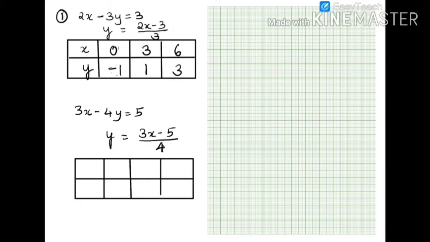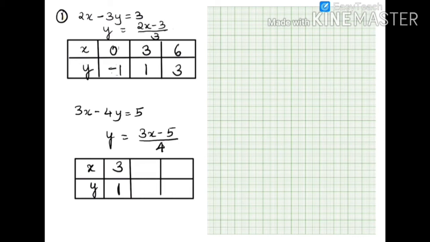Similarly, let's find the points for the second equation. Again, values of x will be chosen in such a way that the numerator here, 3x minus 5, becomes a multiple of 4. So if we take x as 3, 3 times 3 is 9, 9 minus 5 is 4, and 4 divided by 4 is 1.